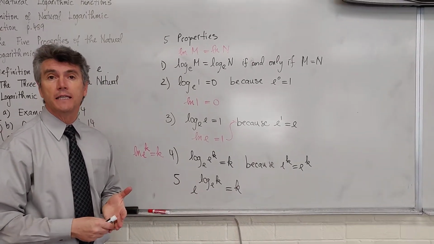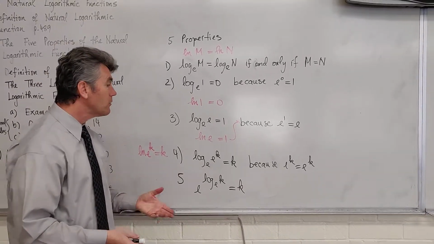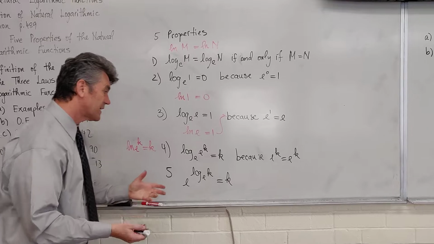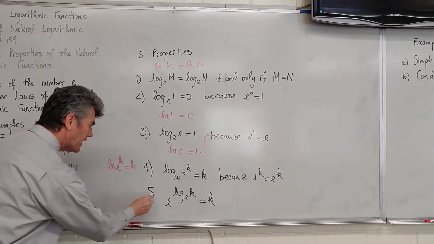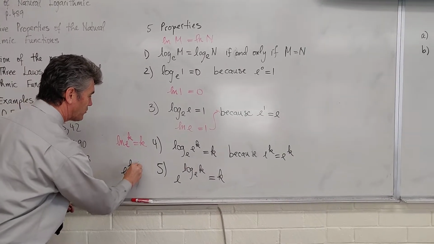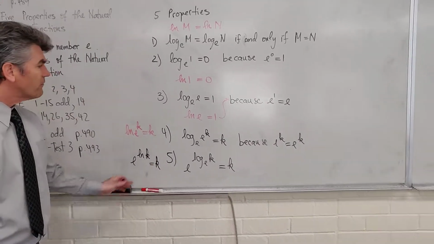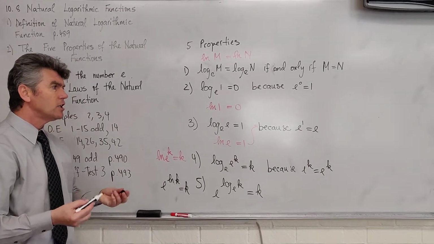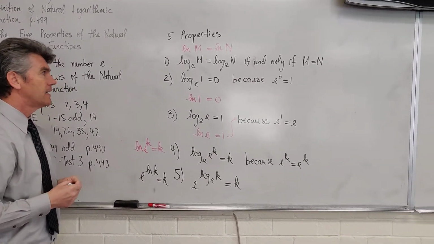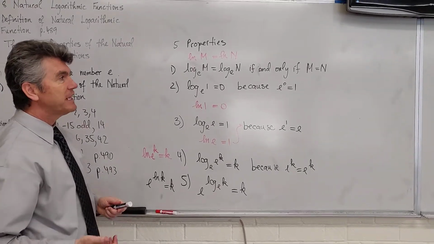When you raise e to the exponent to which you need to raise e to get k, you will get k. That is my explanation. And so property number 5, e raised to the power of natural log of k is equal to k. You can verify the last 2 properties using your graphing calculator. Okay, so the 5 properties have been covered.